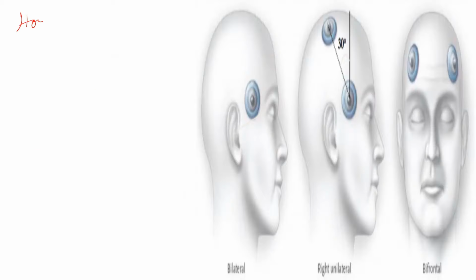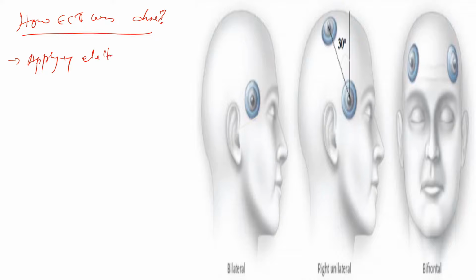How was ECT done? ECT was done by applying electrical current through electrodes, which are placed either bilaterally, like in this case it's bitemporal, or bifrontal, or sometimes unilaterally on the non-dominant side.